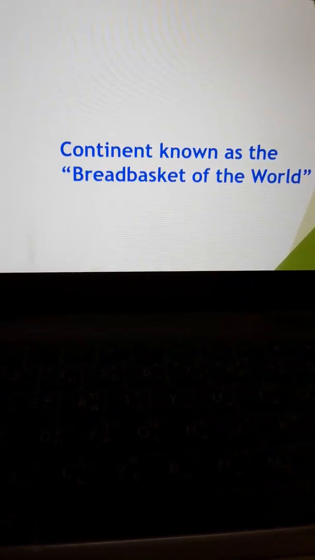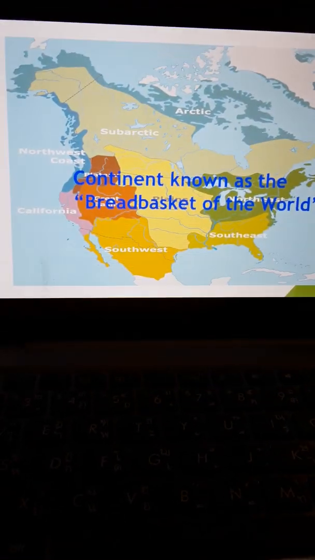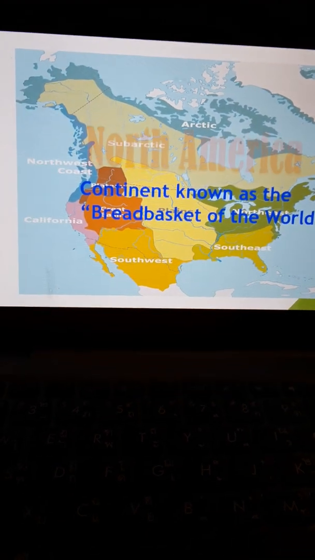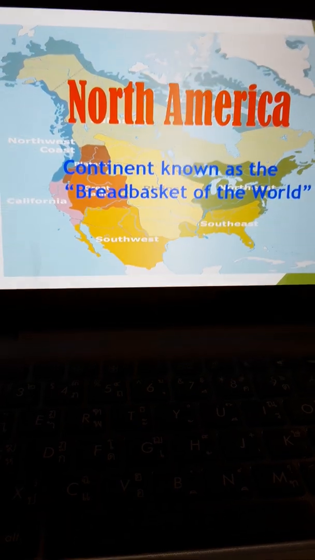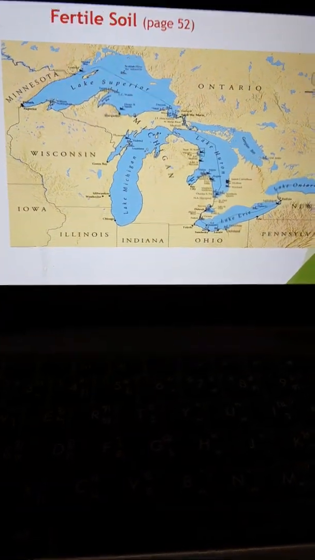Okay, so the next one is the continent known as the breadbasket of the world. Do you know what it is? Correct. This is North America. So let's talk about their soil. You will find this on page 52.